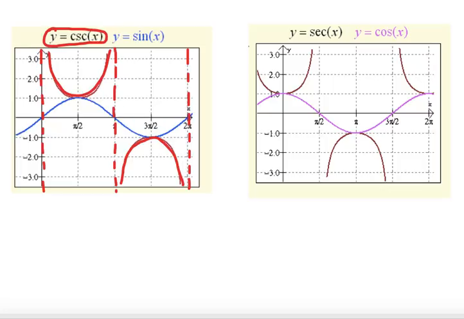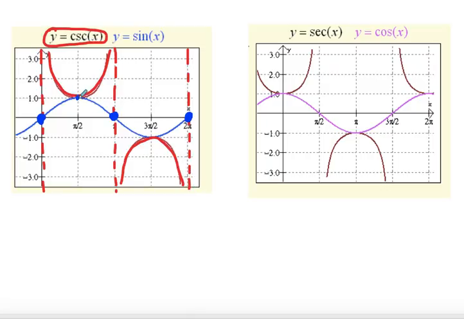So there's a couple things to notice. Wherever the sine graph hits 0, that's where the asymptotes are going to go. So the sine graph hit 0 at 0, so there's an asymptote at 0. It hit the 0 at pi, so there's an asymptote at pi, and it hits 0 at 2 pi, so there's an asymptote at 2 pi.